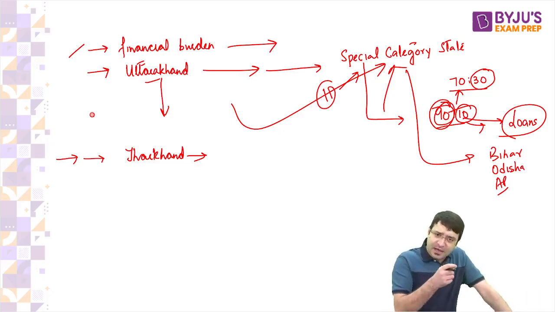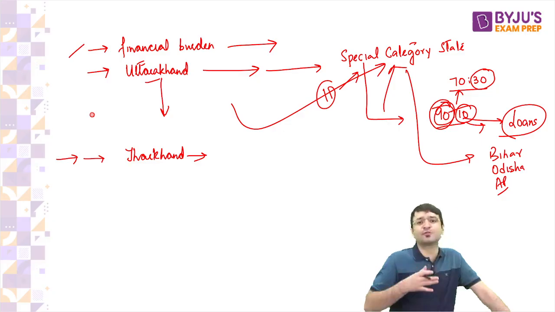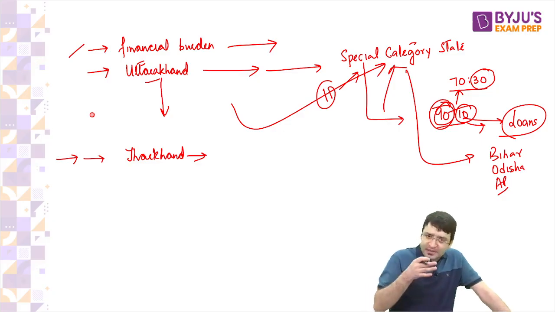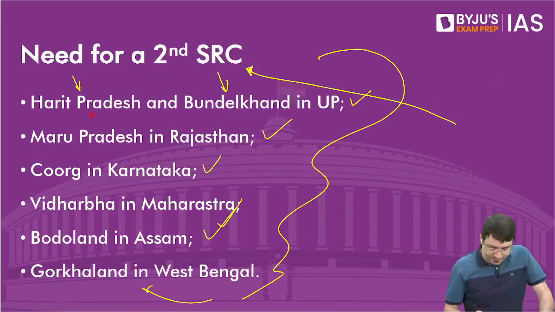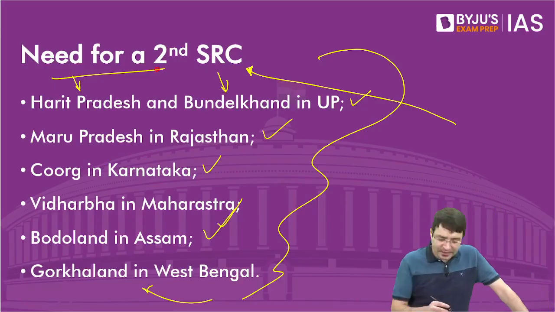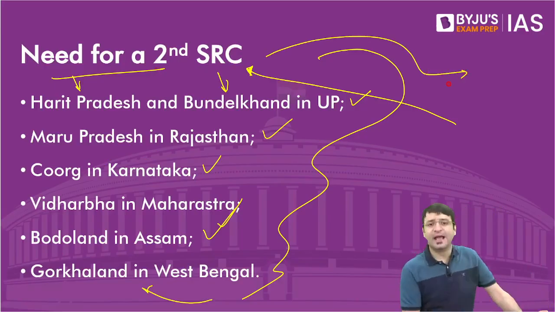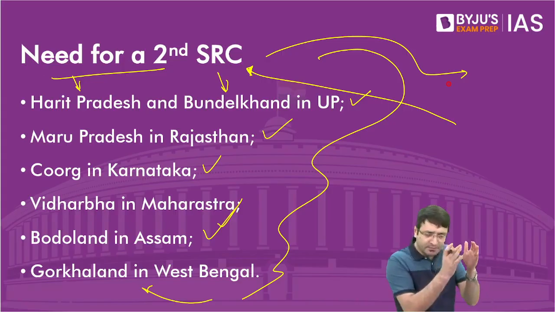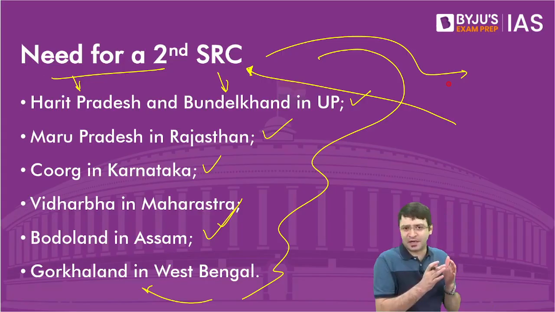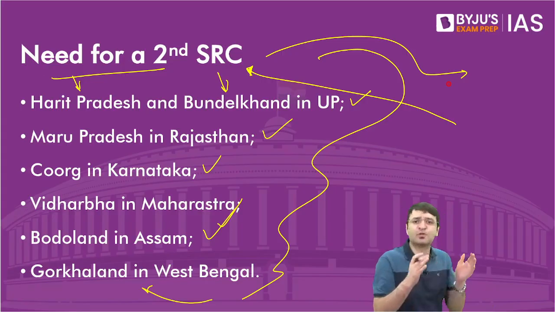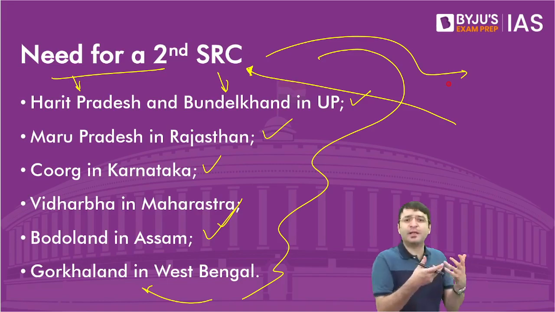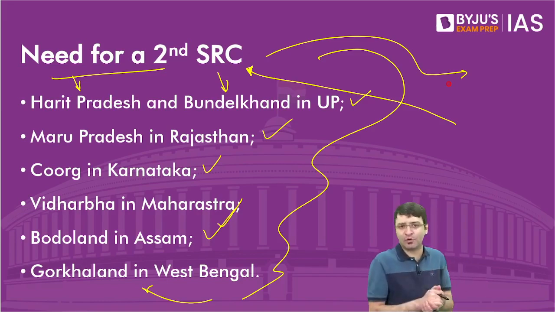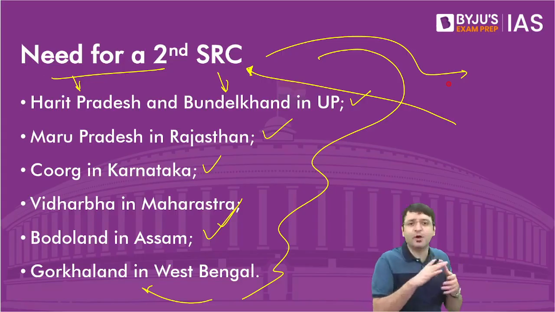That means there are some arguments in favor of smaller states and some arguments against them. But this decision should be taken by a Second States Reorganization Commission. Let's have a Second States Reorganization Commission, which will look at the demands coming from different parts of our country and analyze the pros and cons to decide whether we need more smaller states or not, and whether we need to further reorganize the country.